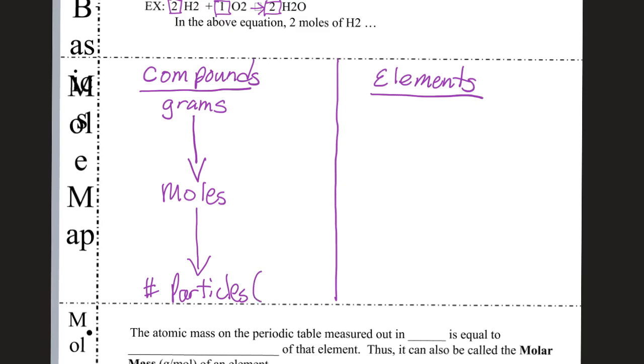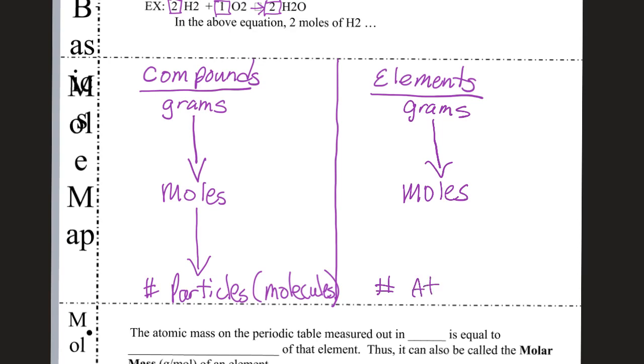In this case, this will be molecules. Now on the other side, we have elements. And let's say again, we're starting with grams. We have a certain number of grams of an element. We're going to need to figure out how many moles of that element are present in that weight. And then finally, we want to find out how many atoms. So we're going to need another conversion factor to go there.